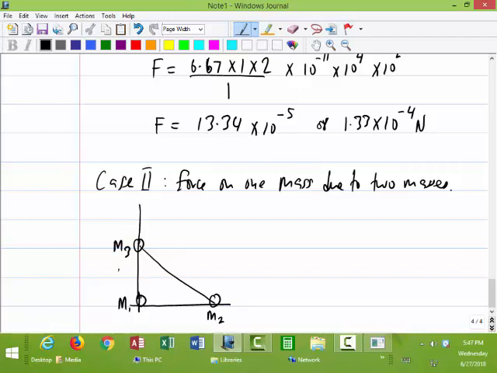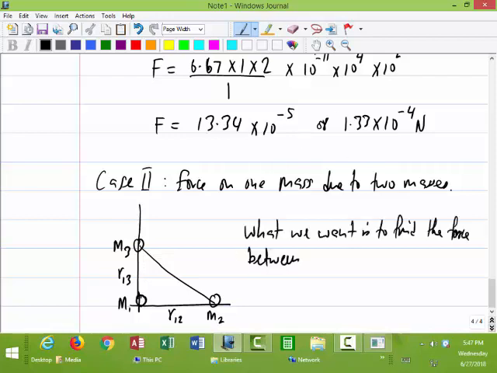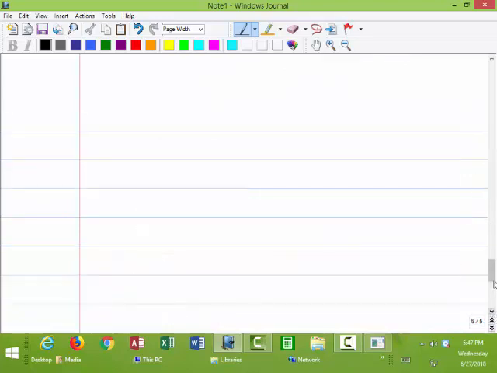The distance here is R13, this is R12, and we have forces between them. What we want is to find the force on mass 1 due to masses m2 and m3. So let's do that next.